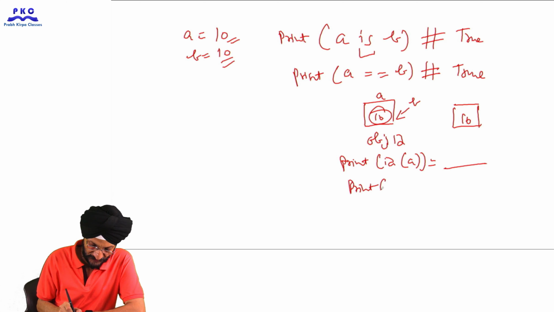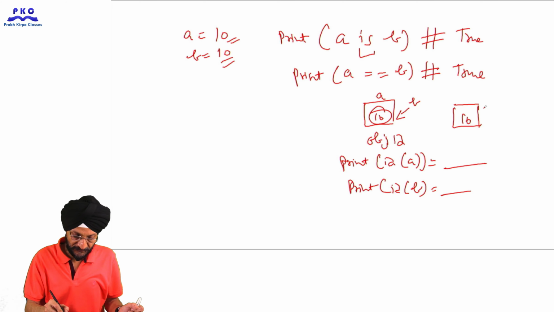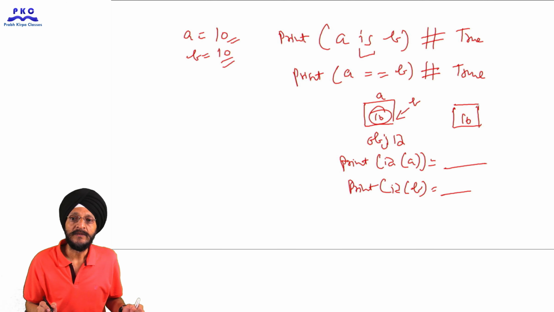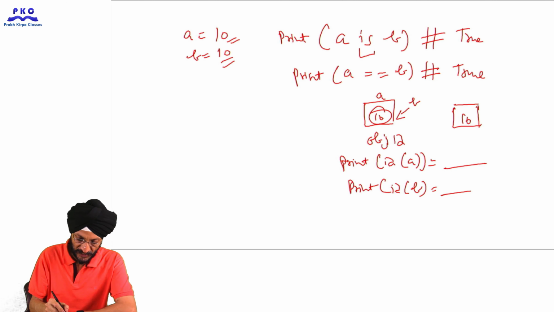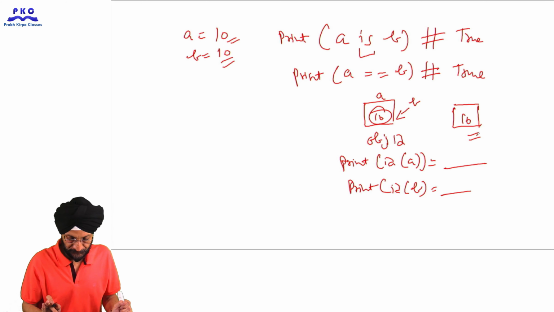We can also find the ID of b. But when we use the equality operator, the same will be shown, because the object ID will be the same.